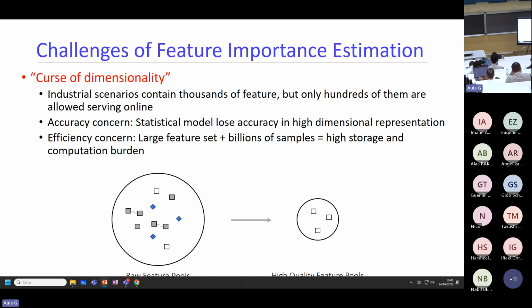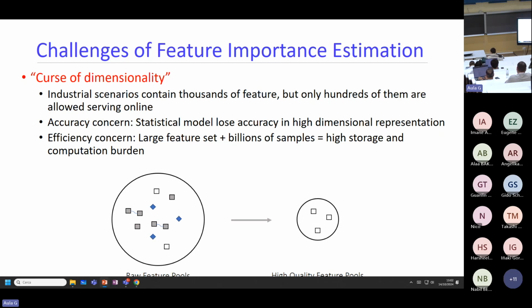From the accuracy concern, in high-dimensional spaces, statistical models often lose accuracy. The complexity of managing a large number of features can reduce the precision of feature importance estimation, leading to suboptimal results. From the efficiency concern, handling large feature sets combined with billions of samples poses a significant storage and computational burden.